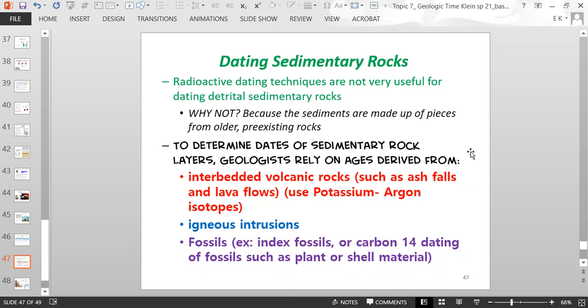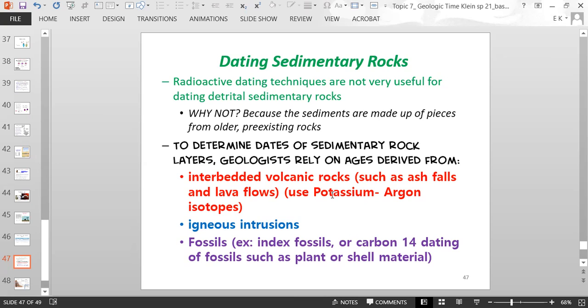So to determine the dates of sedimentary rock layers, geologists have to rely on ages derived from other materials that they find in the sedimentary rock layers or sedimentary deposits. So you would look for volcanic rocks, such as ash falls and lava flows, and then use potassium-argon isotopes from the ash to figure out a date.